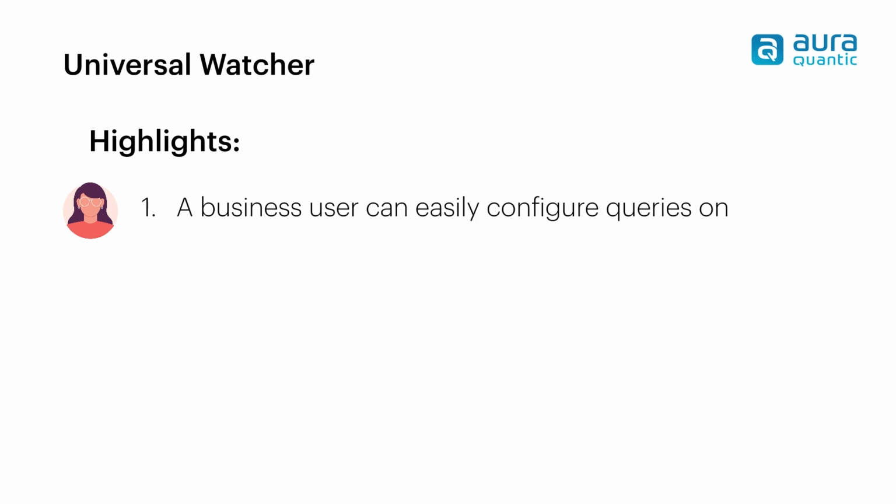We must highlight 3 key features from the previous example. First, a business user can easily configure queries on the go, without the need to change the class of processes design or rely on technical expertise.